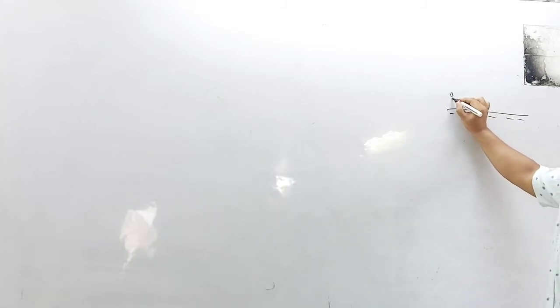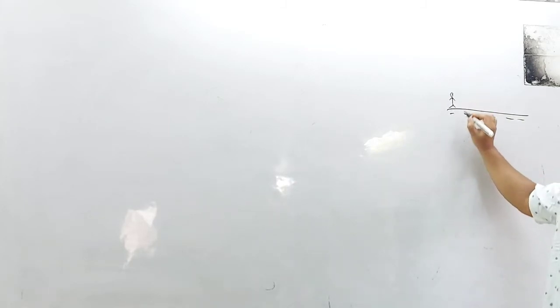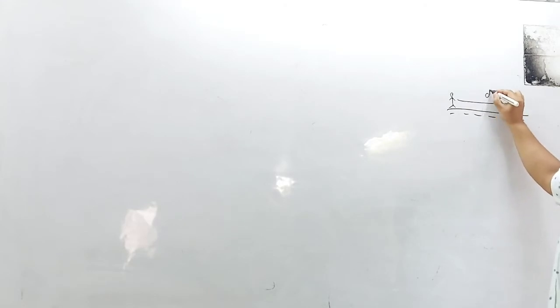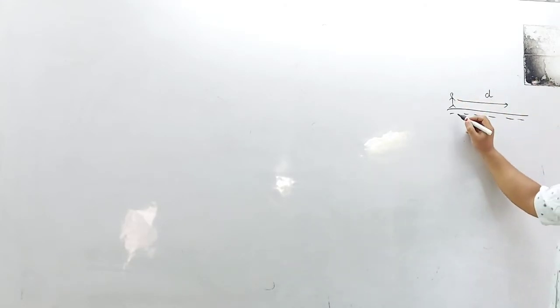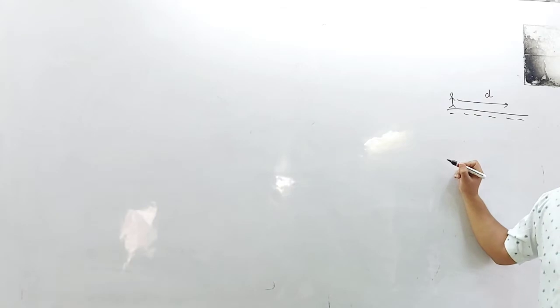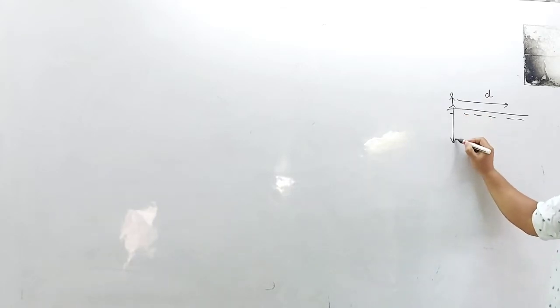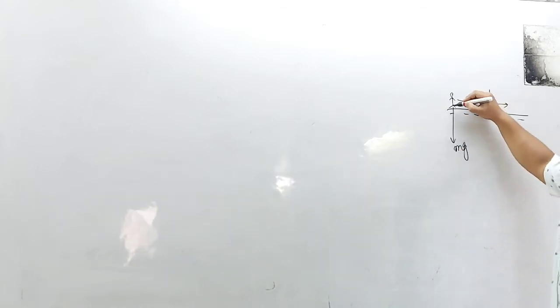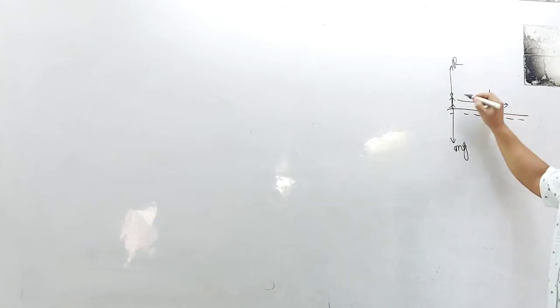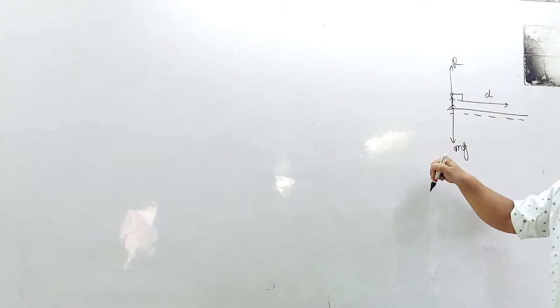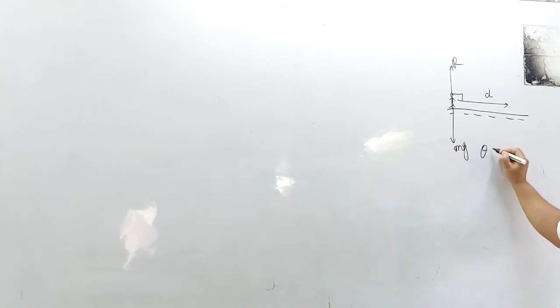The person walks in this direction, which means the displacement is to the right only. The buoyant force is vertically upward and the normal direction is perpendicular to the displacement, so theta is equal to 90 degrees.